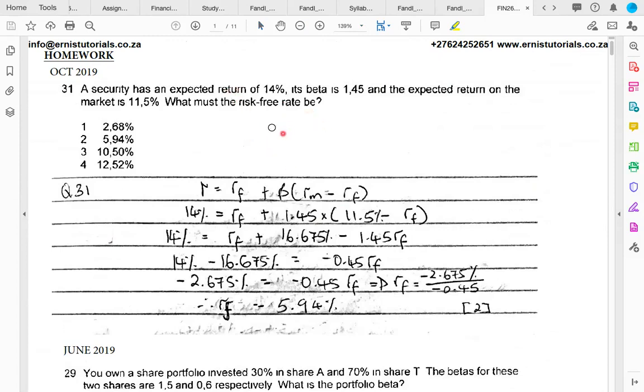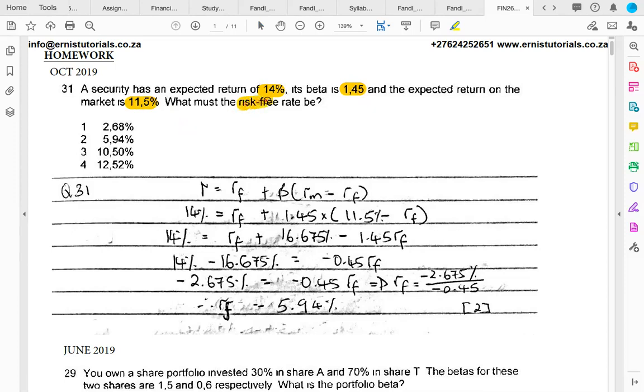So the first question I asked you to look at was from October, November 2019, number 31. The question says, a security has an expected return of 14%, and its beta is 1.45, and the expected return on the market is 11.5%.